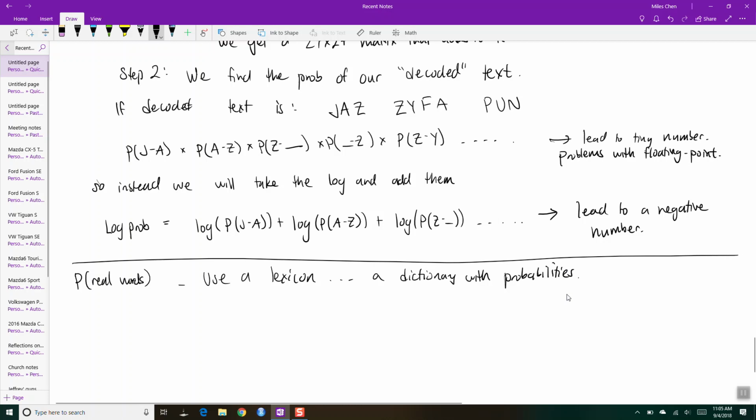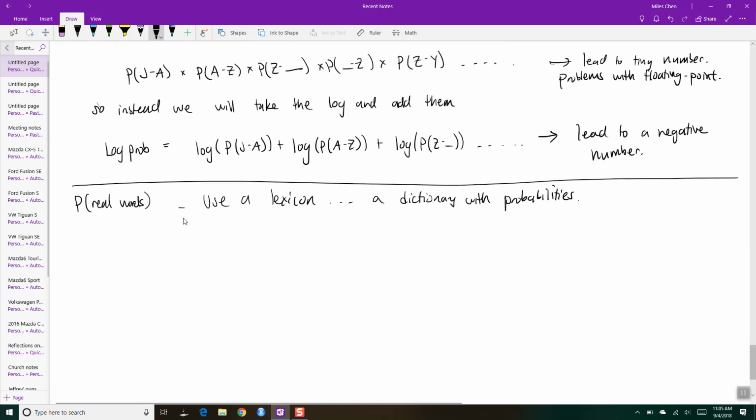I mean, it's okay, but it's not that great. The lexicon I have is not that great, and probably I have to find a better one. But this one lists all of the words in English and has probabilities associated with them.